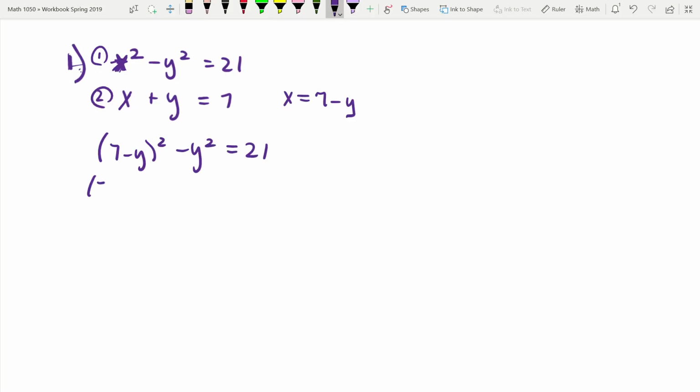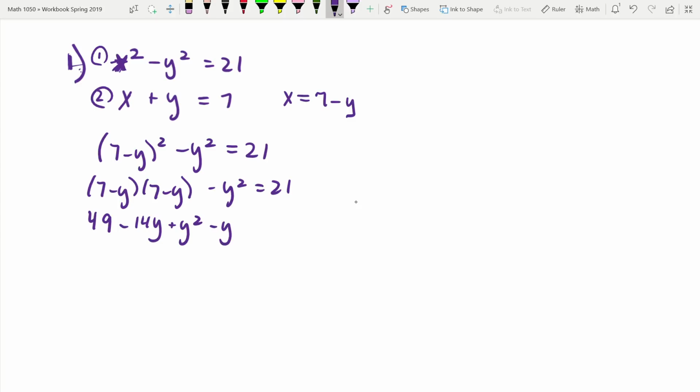Now, (7 minus y) squared is 7 minus y times 7 minus y. A lot of people will go 7 squared is 49, negative y squared is a positive y squared, done. That is not true because you have to FOIL that. So that's 49, negative 7y is negative 14y, plus y squared minus y squared equals 21.